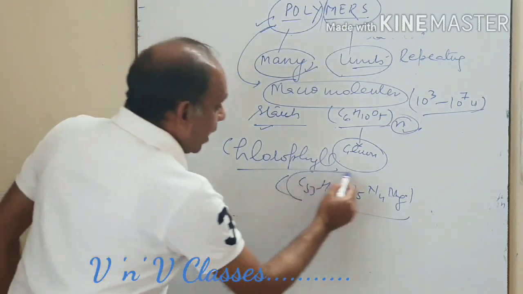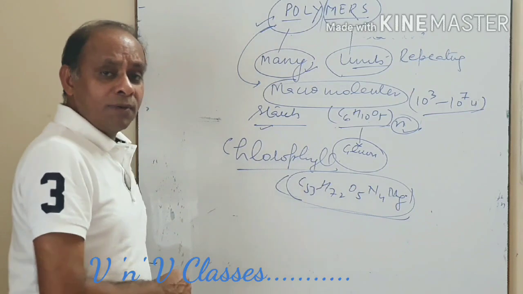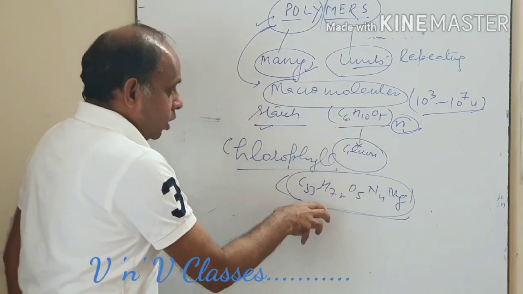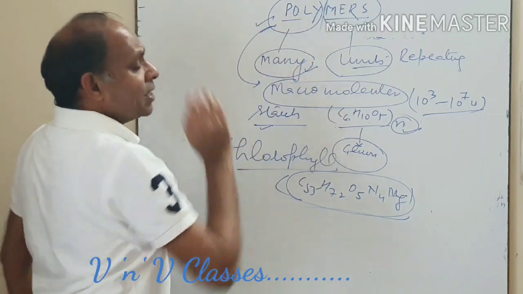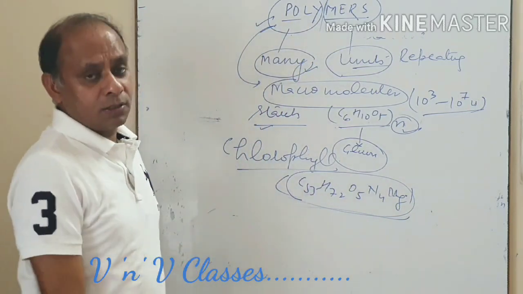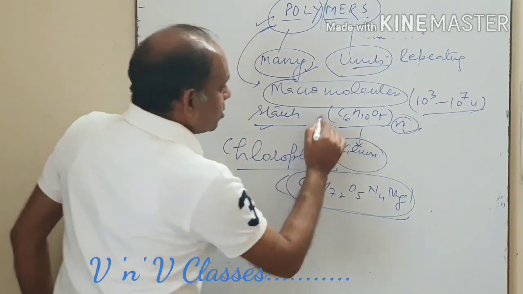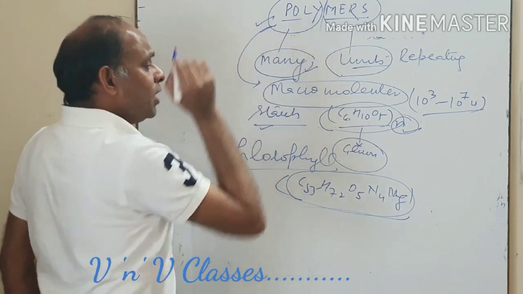Again it is a macromolecule because it has a very large molecular mass, but you will not consider it as a polymer because chlorophyll doesn't have any repeating unit. Starch is also a macromolecule, but it has a repeating unit as well.